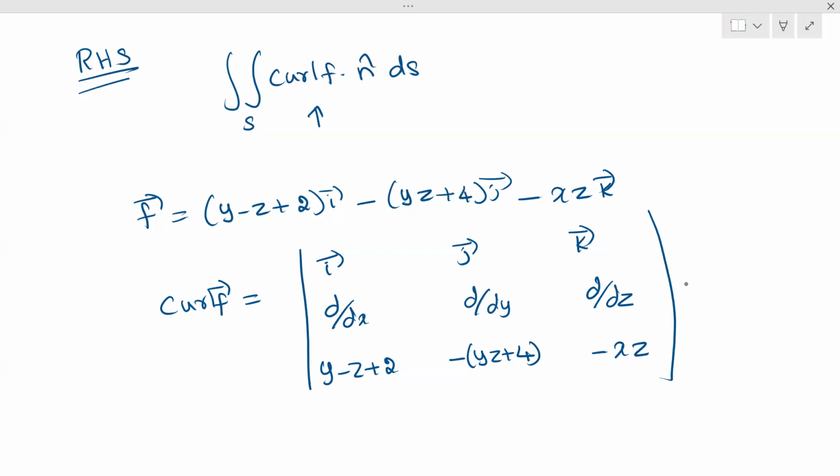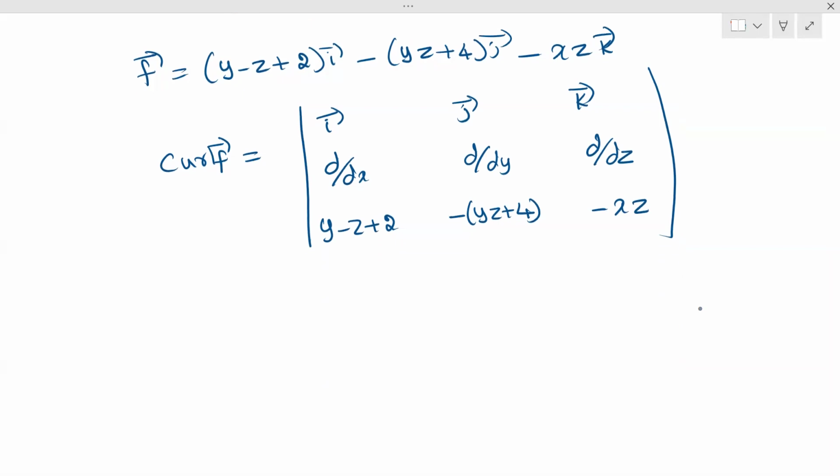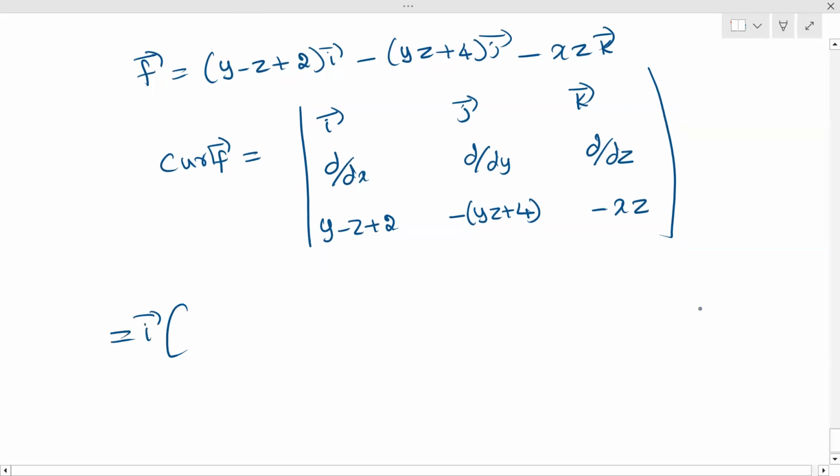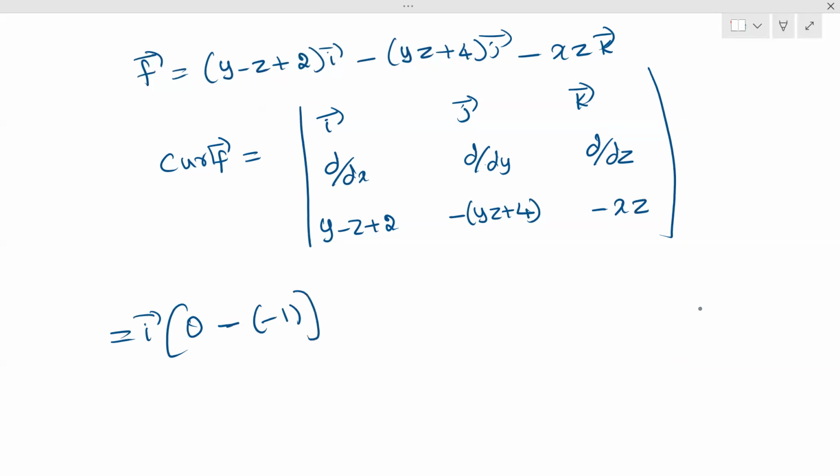Now we have to expand the determinant. i vector into dou by dou y of minus xz, which is 0, minus dou by dou z of minus (yz plus 4), that is minus y.